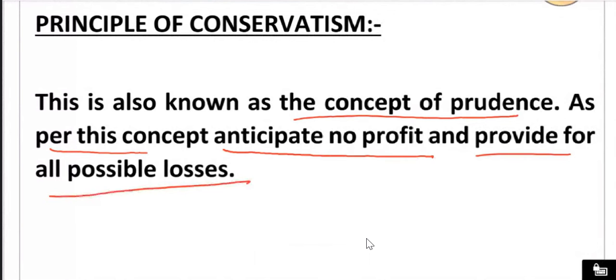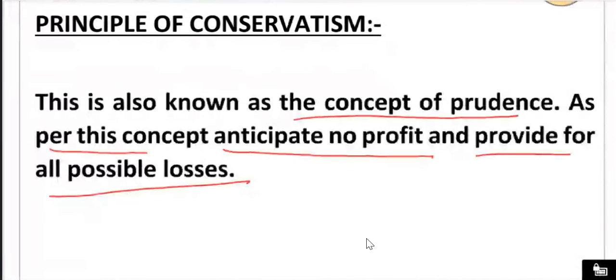If in future you are going to earn some profit, it will not be taken into the books of account, but if in future you are going to incur a loss, that must be recorded in the books of account. Future profit you will not take in the books of account, but the future loss you will. This is called the principle of conservatism.